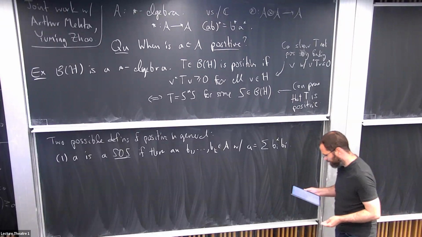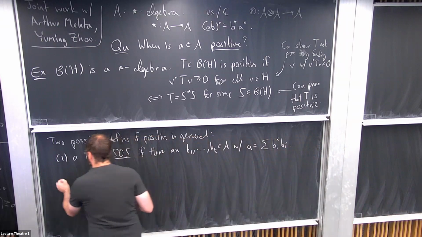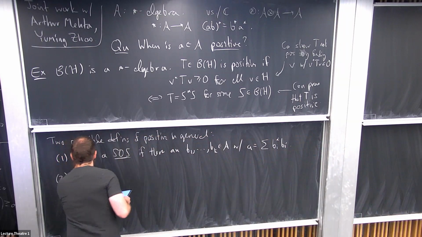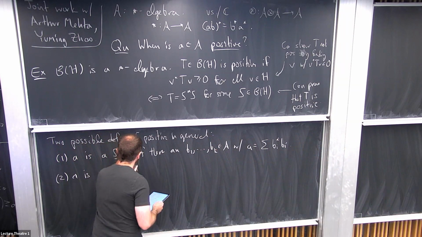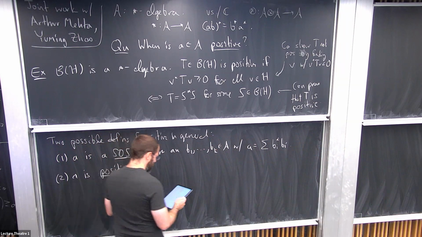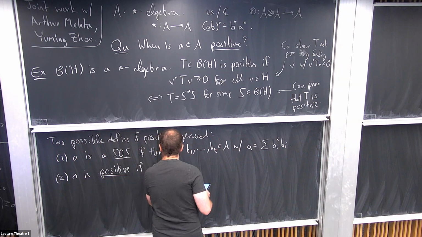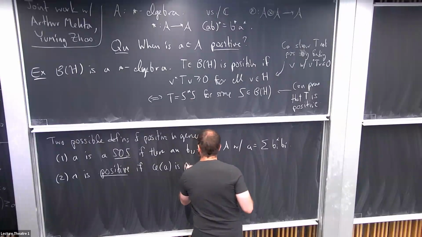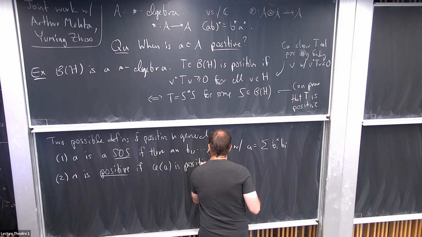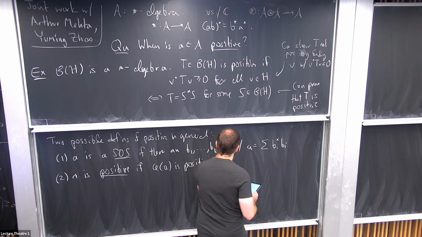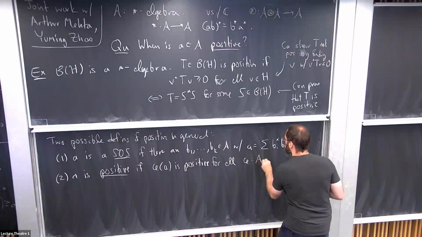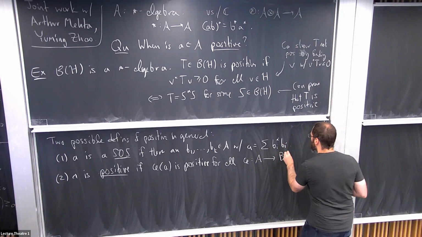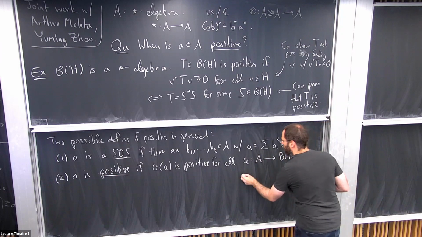And we say that A is representation positive, or for this talk I'll just say positive, if phi of A is positive for all phi from A to B of H. So for all representations.